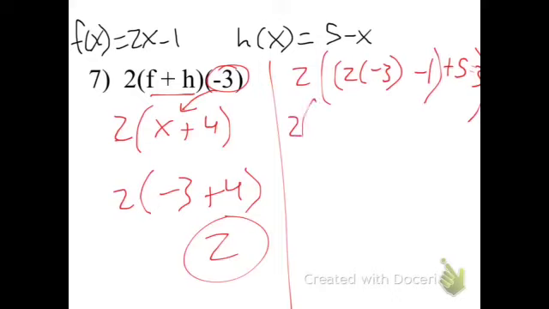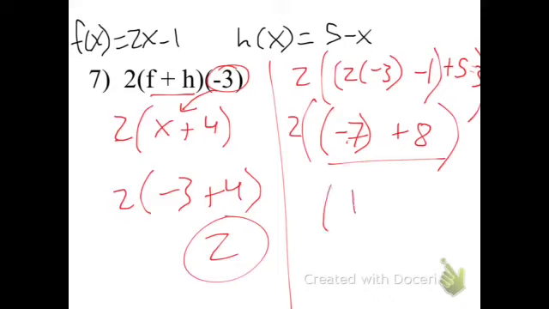If you simplify the inside stuff, 2 times negative 3 is negative 6, and subtract 1 gives you negative 7. Then 5 minus negative 3 is 8. Combine those and you get a total of 1, times the 2 in front gives you 2. Anyway, we're going to cut the video there.